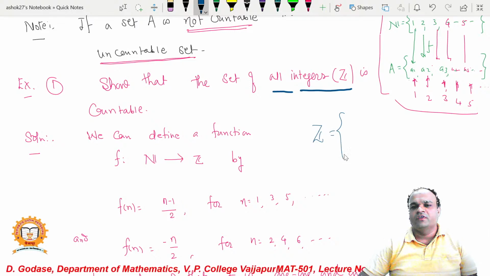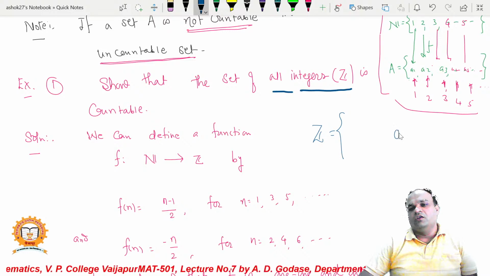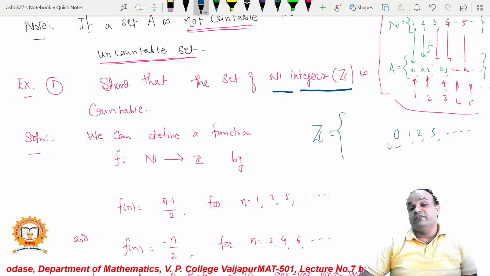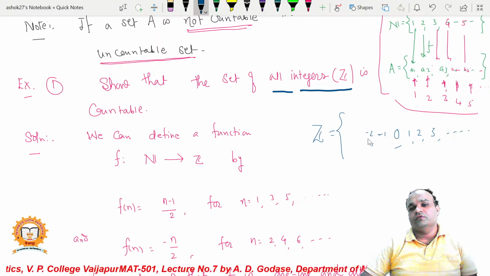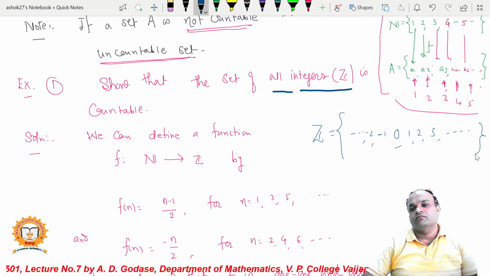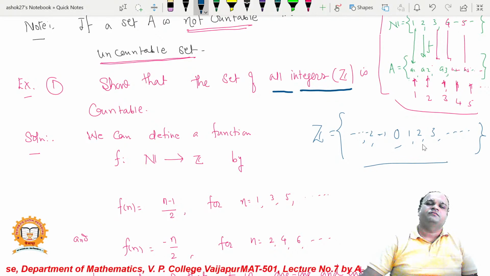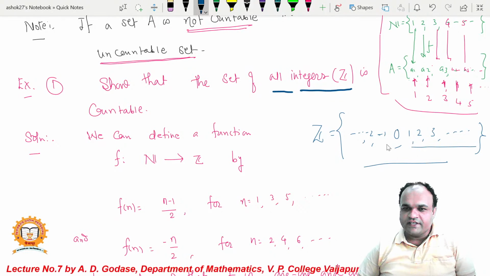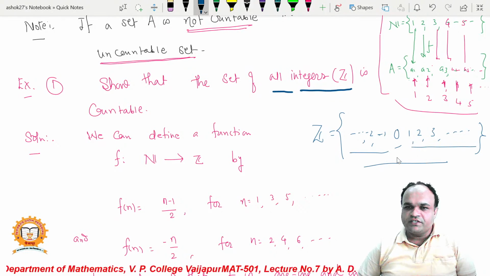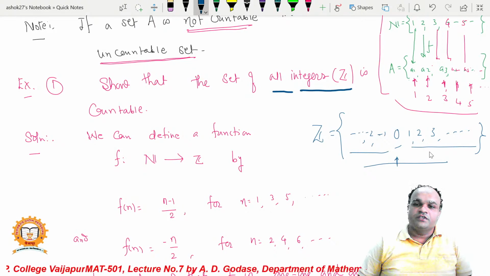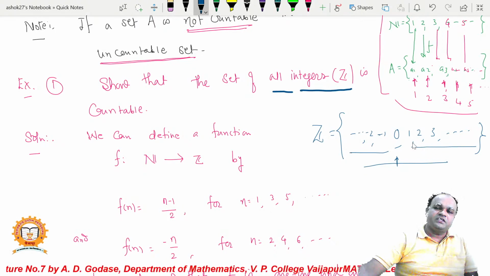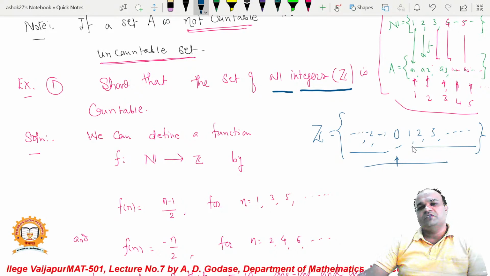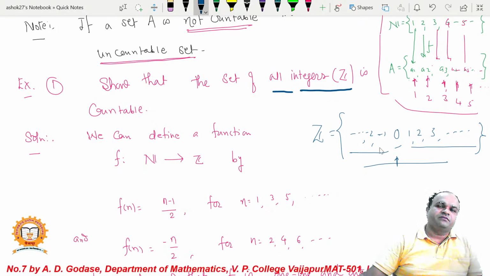It contains all numbers of the type 0, 1, 2, 3, going to plus infinity, and minus 1, minus 2, going to minus infinity. So it contains positive integers, negative integers, and 0. Positive integers means the set of natural numbers.